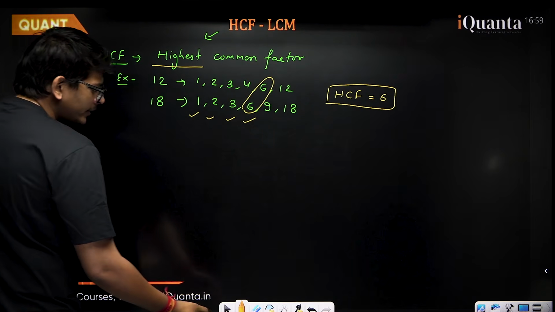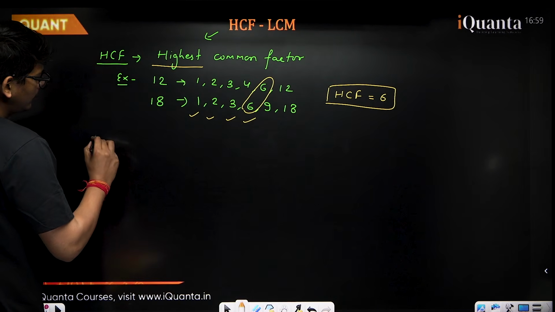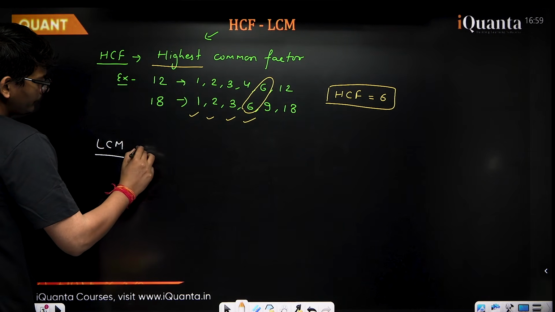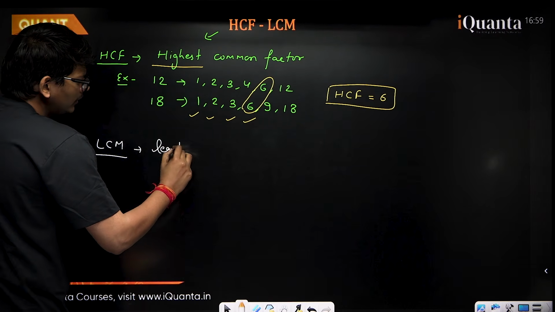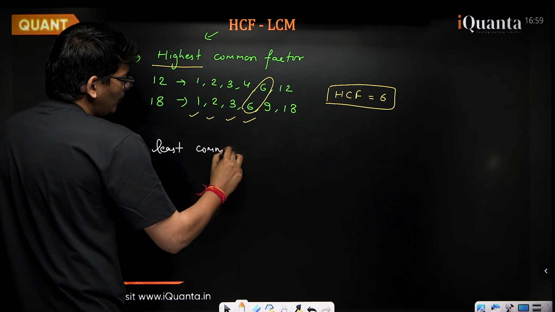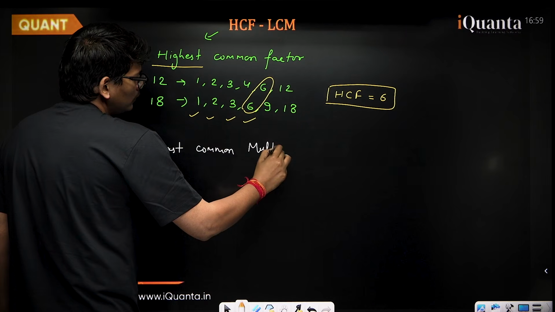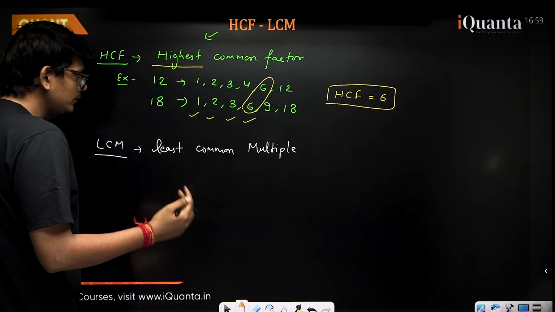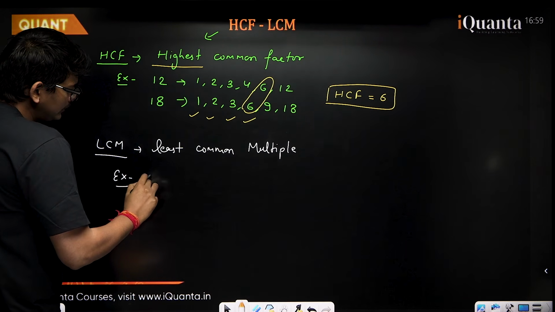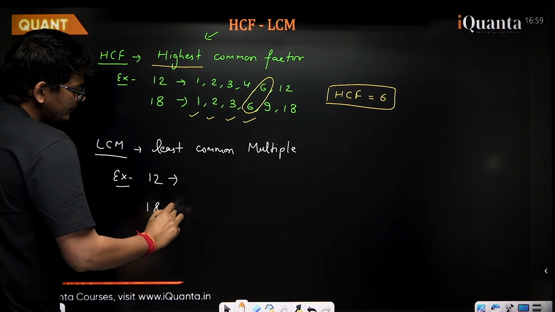Now let's understand LCM as well. Least common multiple. So what are the multiples? Let's take this same example.